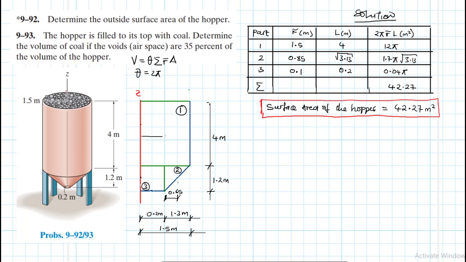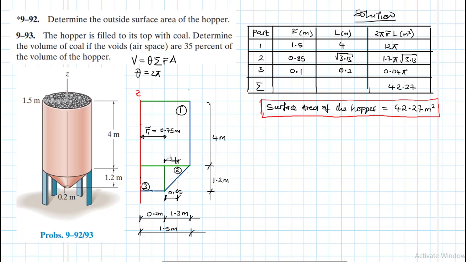So R curled 1 will just be half of 1.5, which is 0.75 meters. What about the triangle? You are measuring from there to there. What is that length there? This is always one third of this length, one third of 1.3. Okay, is it clear? Let me use a small font.